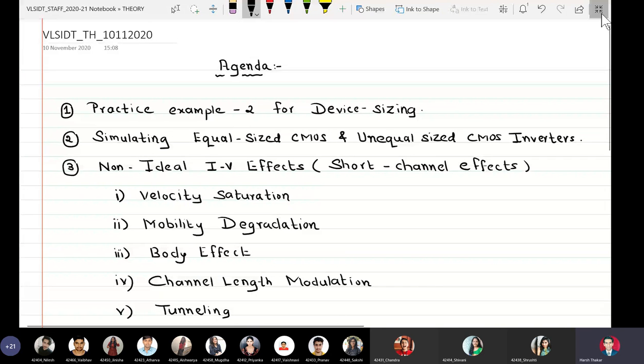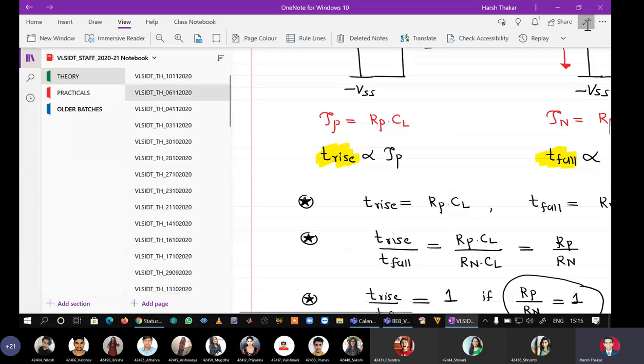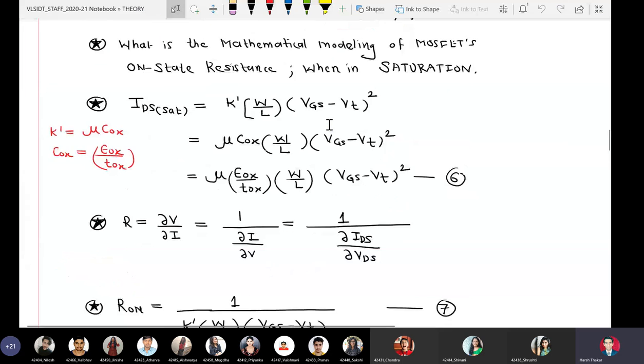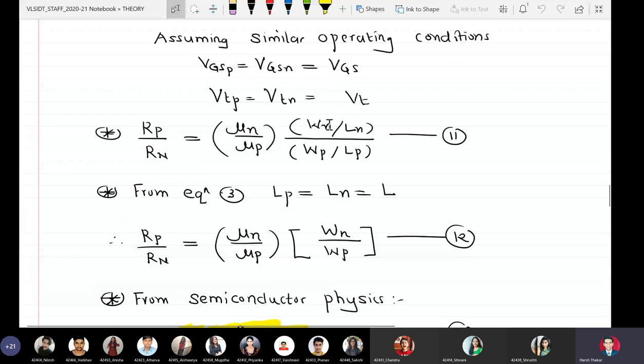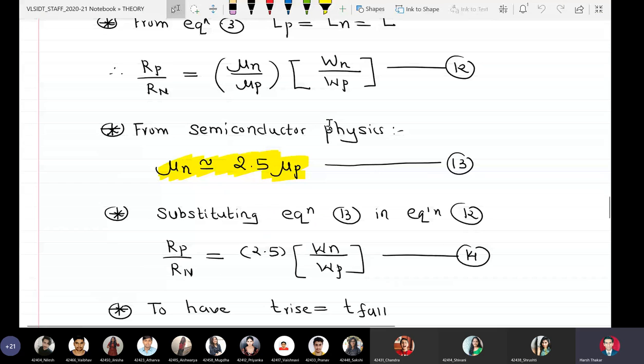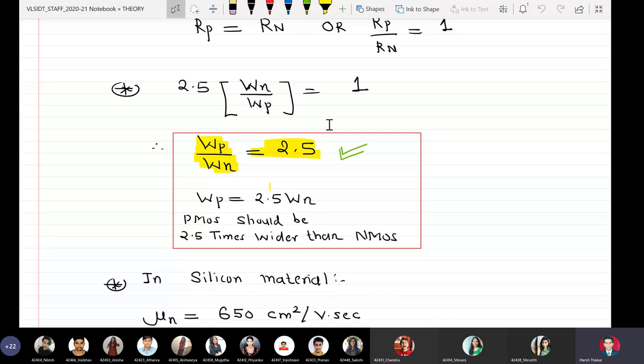So, if you remember, in the last session on 6th of November, we had solved one numerical which implemented our conclusion that in order to have equal rise and fall time in a CMOS inverter circuit, we must have the width of PMOS 2.5 times the width of NMOS.